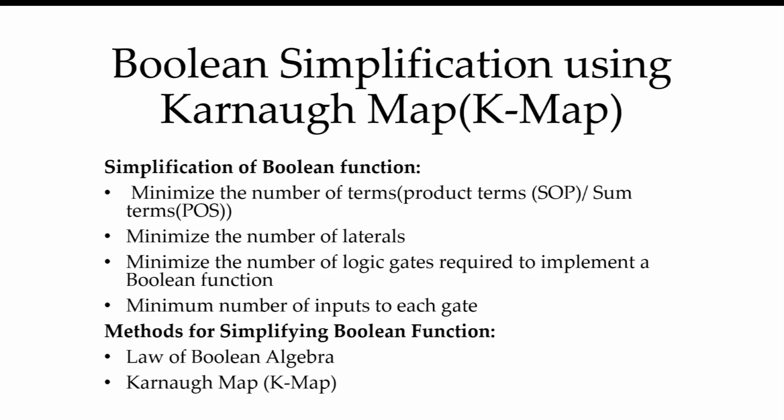Also minimize the number of literals in each term, whether the Boolean expression is in SOP or POS, and minimize the number of logic gates required to implement a Boolean function, and minimize the number of inputs to each gate. These are the objectives behind simplification of a Boolean function.